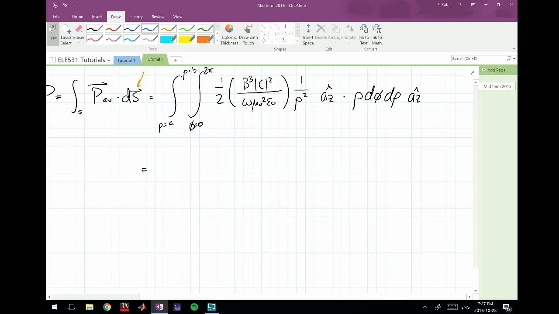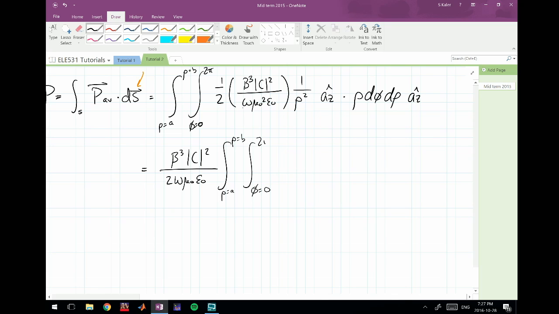So let's start by taking all this out. Let's take all this stuff that doesn't depend on what we're integrating. Whatever's constant, let's pull out. And this is from phi equals 0 to 2 pi.